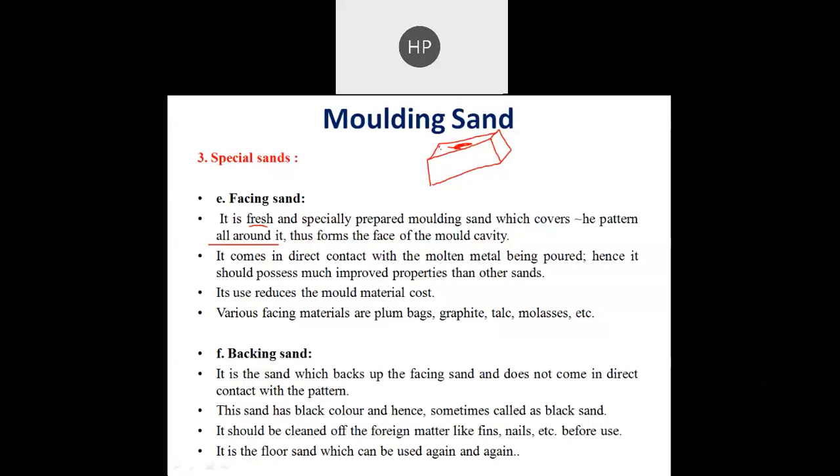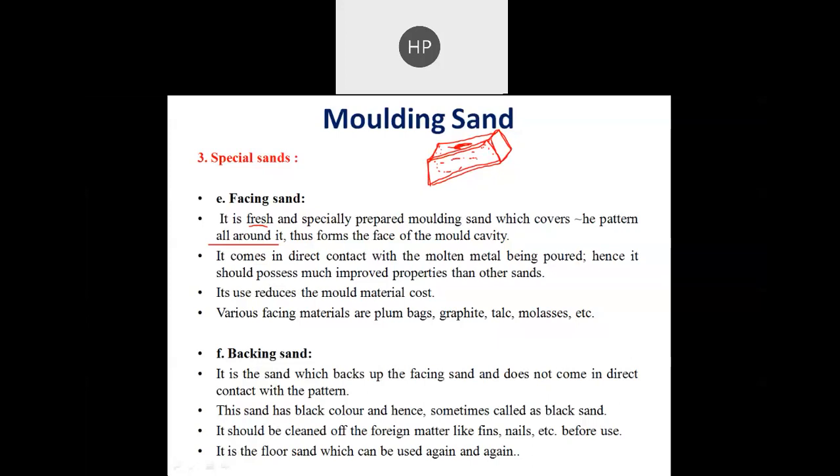So we have to fill the sand all around this pattern in that box. What happens is that the sand particles in contact with the surface of this mold box may try to stick to that surface, so when you are relieving that sand, it is quite difficult.